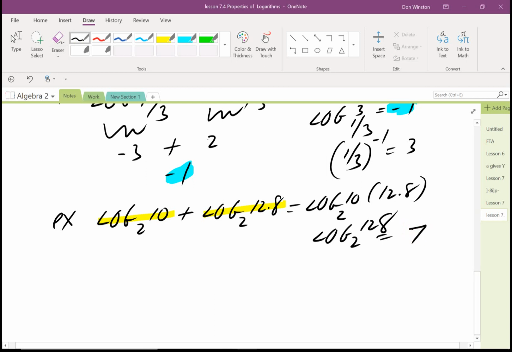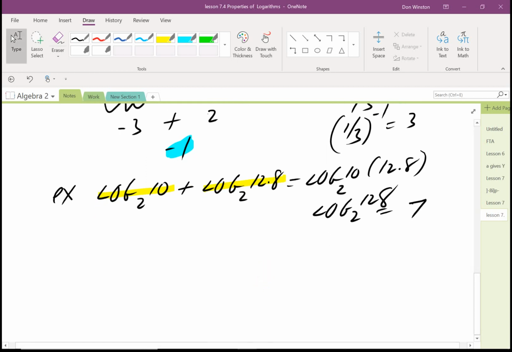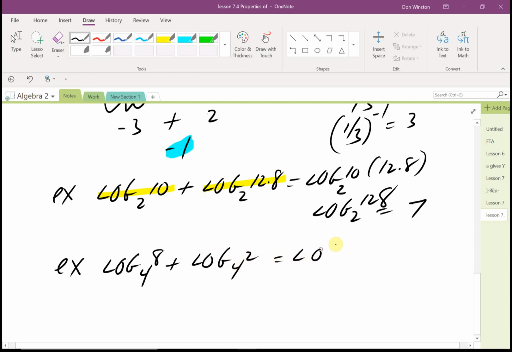All right, and maybe just another example. So if I had log base 4 of 8 plus log base 4 of 2, that would equal log base 4 of 8 times 2, which would equal log base 4 of 16, which would equal 2.